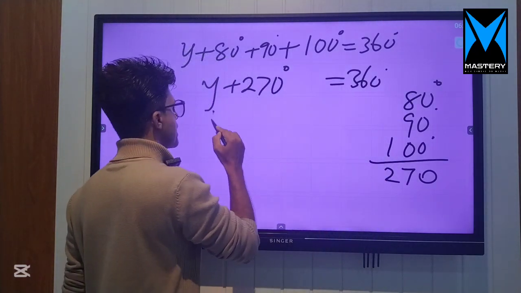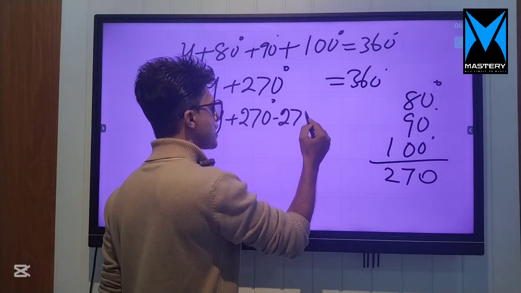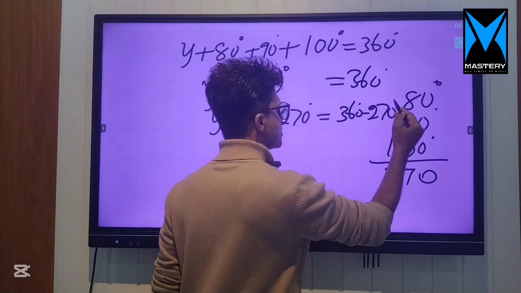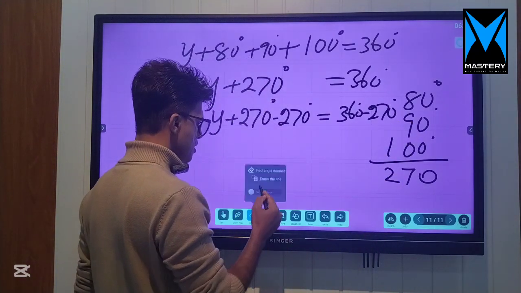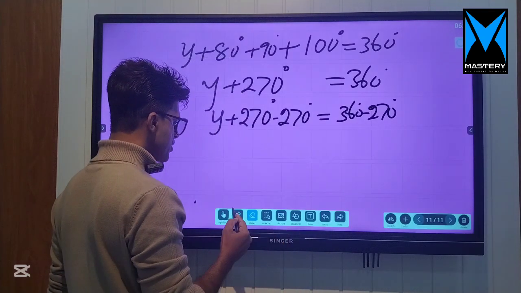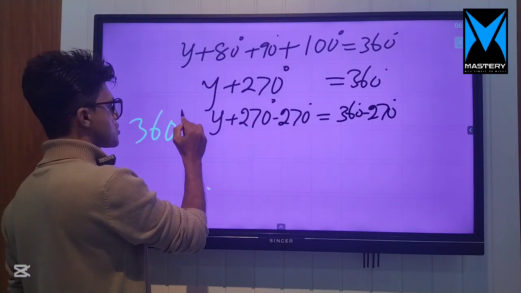Here is an equation, so you could subtract 270 from both sides. After that you can get the value of y, that is 360 minus 270.